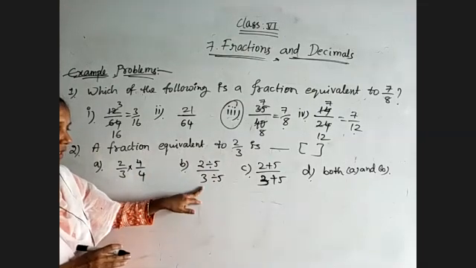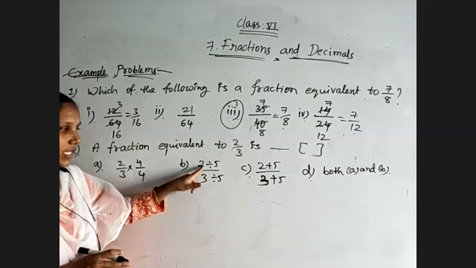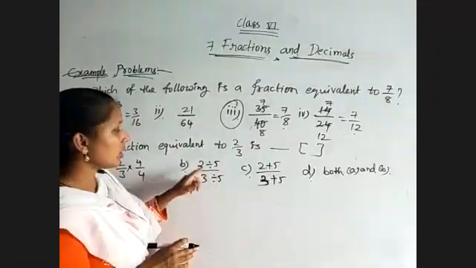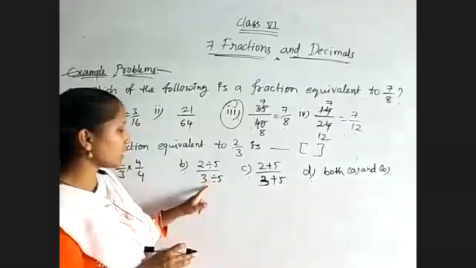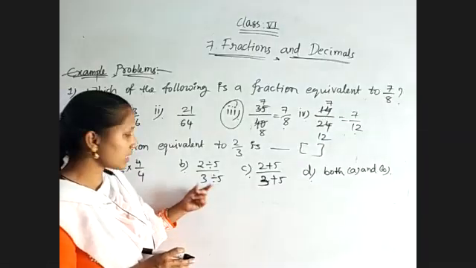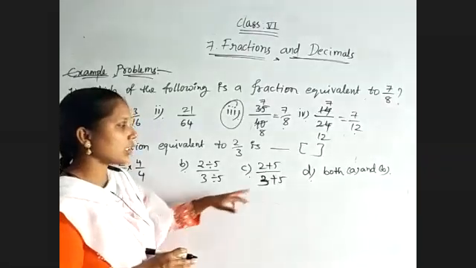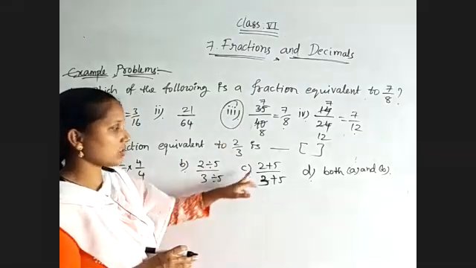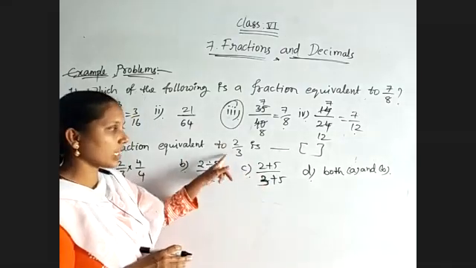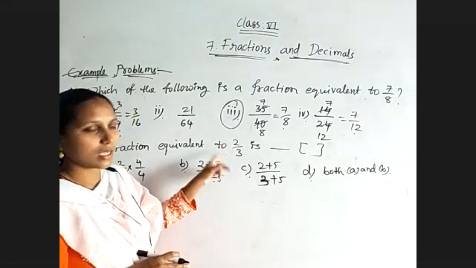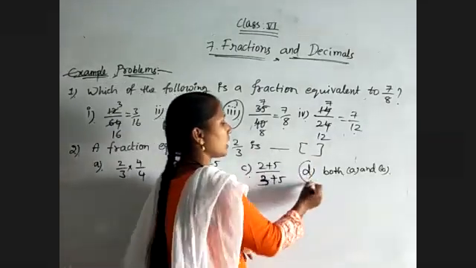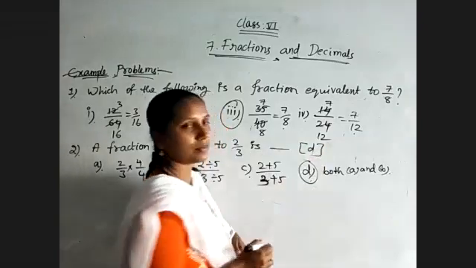Coming to this one, not only multiplication, in case of division also it is possible. 2 by 3 is the original fraction. For the numerator we are dividing with 5 and the denominator also with 5, so this one is also an equivalent fraction. Coming to C, for addition and subtraction we will not get the equivalent fraction. So 2 plus 5 by 3 plus 5 is not equal to 2 by 3. So here the correct option is both A and B.